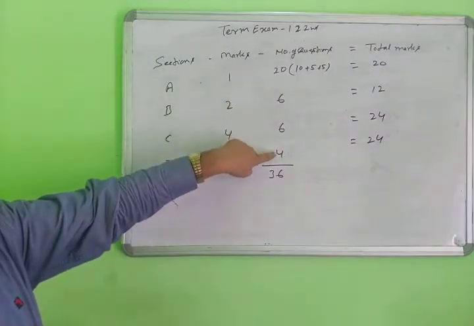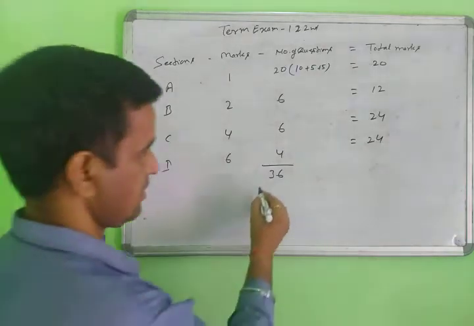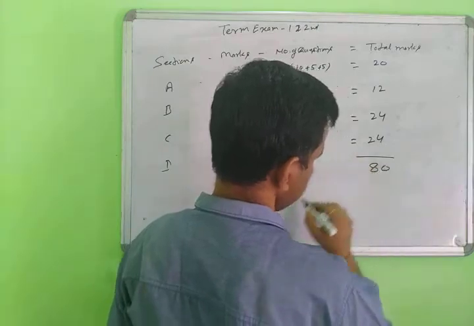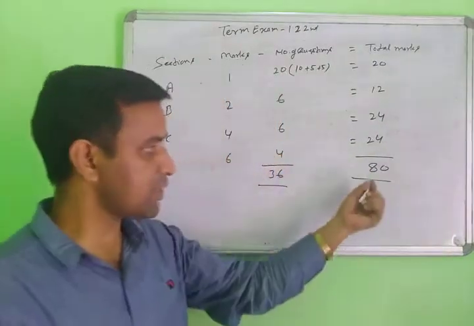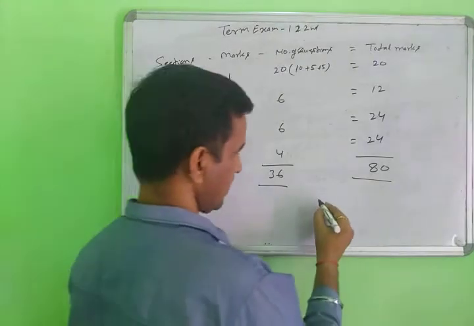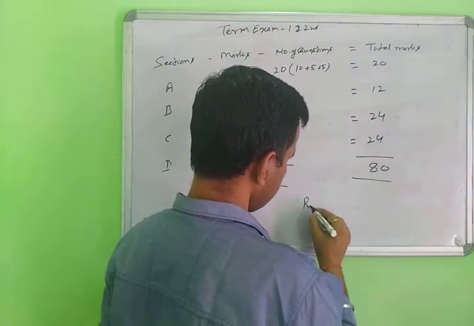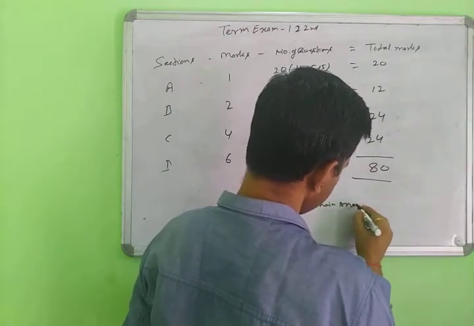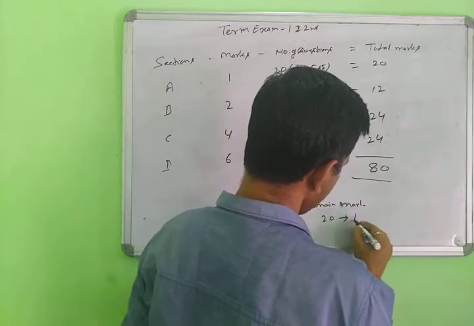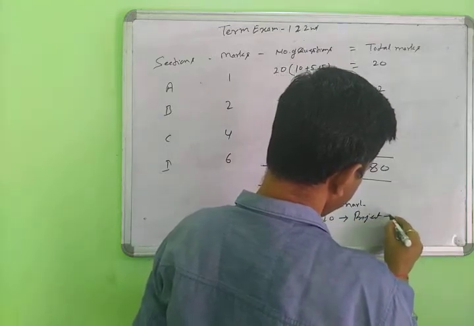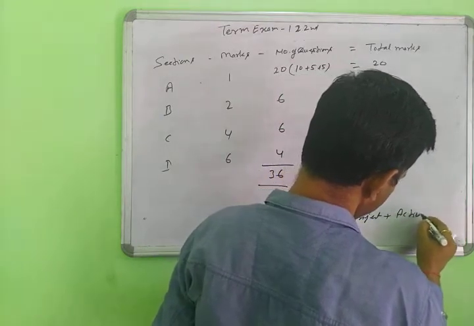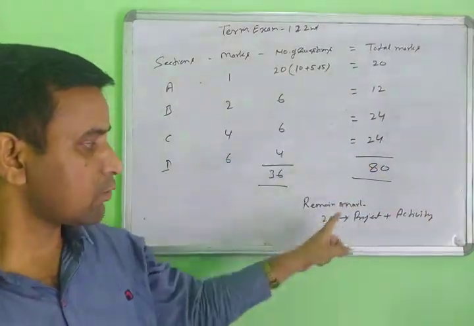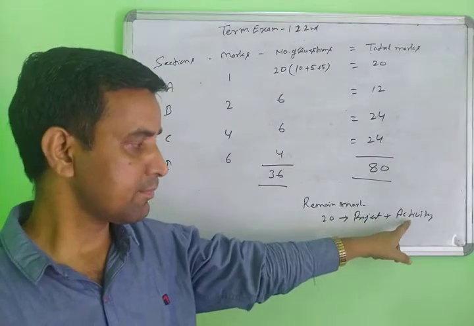If you add them up, the total number of questions is 36: 20, 6, 6 and 4. The total marks here are 80. You know the remaining 20 marks are for the project and activity. So these 80 marks are written and 20 marks are for project and activity.